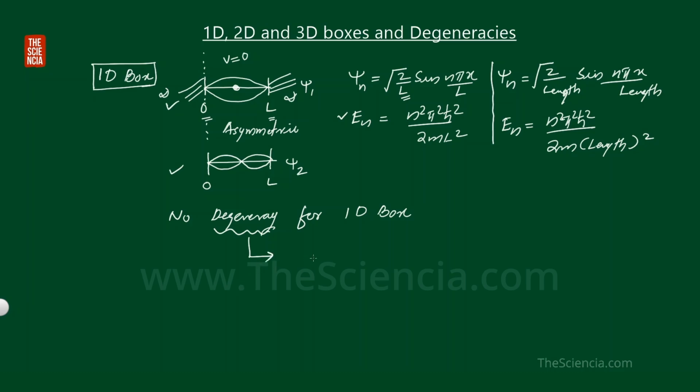Degeneracy means if there are two states, phi 1 and phi 2, and both states have the same energy E, then we can say phi 1 and phi 2 are degenerate states. That is, two states having the same energy are degenerate states.